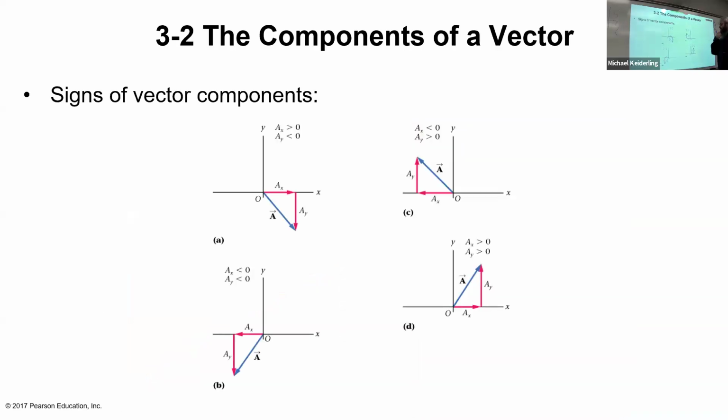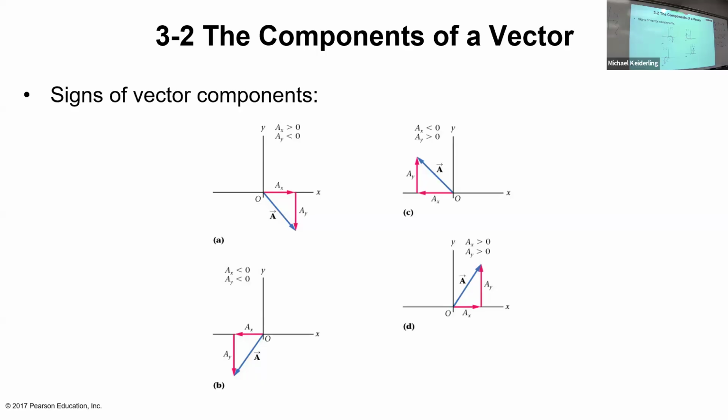So here are the signs of the vector components. If x is positive and y is negative, it's down here. If x is negative and y is positive, it's up here. If x is negative and y is negative, it's down here. And if x is positive and y is positive, it's up here. I have no idea why they organized it in that order.